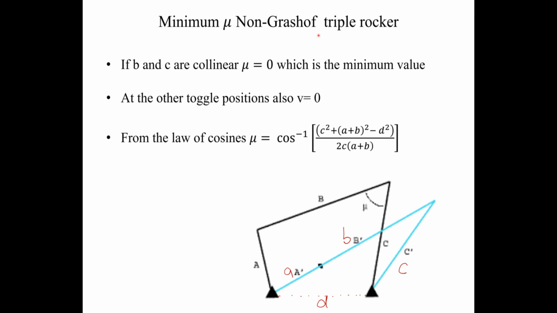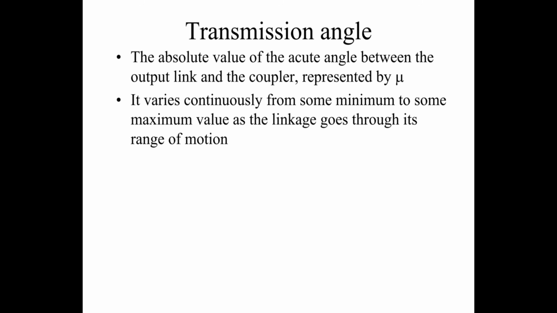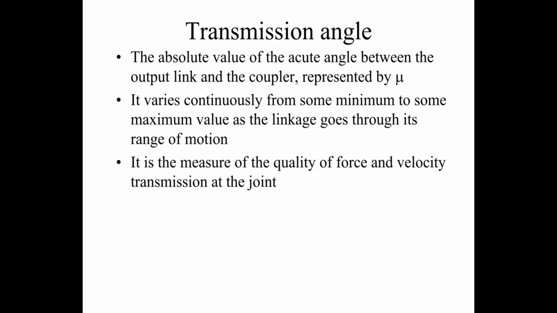So in the last slide I talked about the crank rocker, and in this slide I told you about the triple rocker. If we just sum up the things which we have learned up till now, the transmission angle, known as mu, is the acute angle between the output link and the coupler. It moves from 0 to 180 degrees, and we always take it from 0 to 90 degrees because of the acute angle.